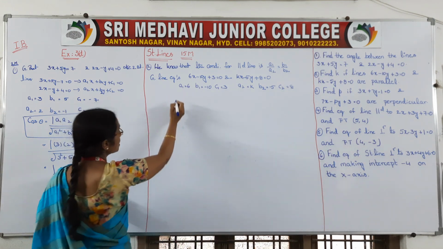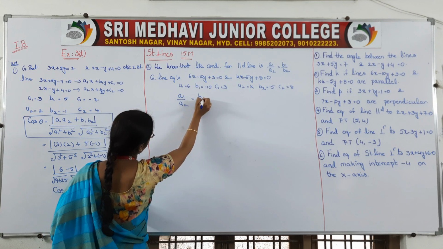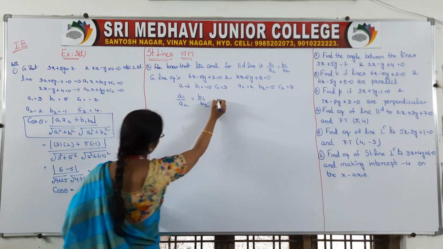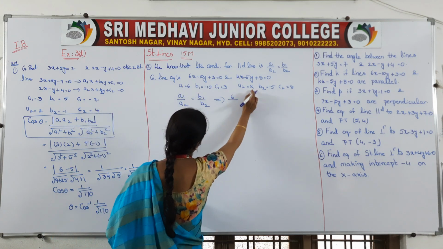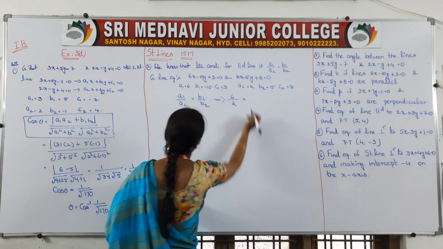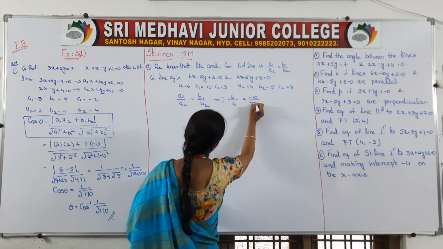So what is the condition? a1 by a2 is equal to b1 by b2, which implies 6 by k is equal to minus 10 by minus 5.